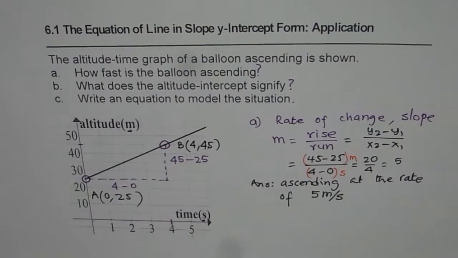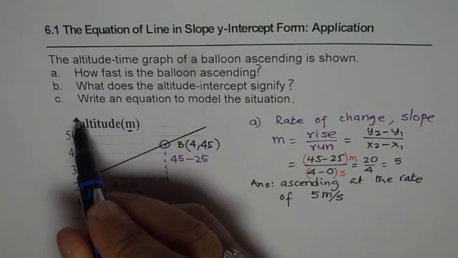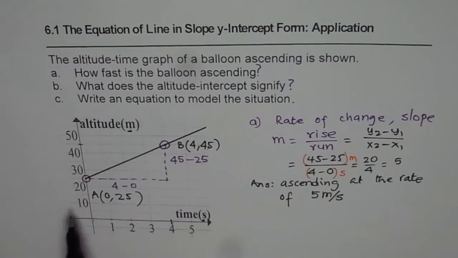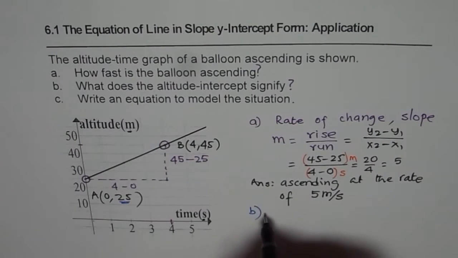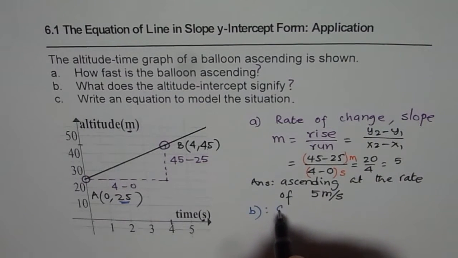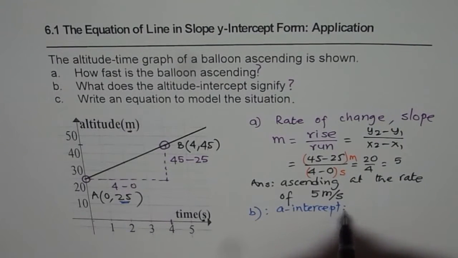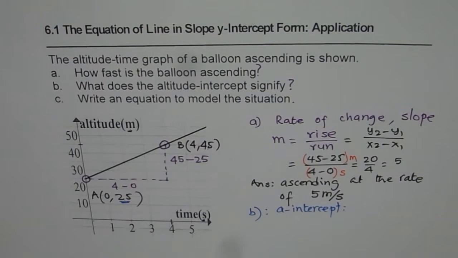Now let's look into the second part, which is, what does the altitude intercept signify? What is altitude intercept? This graph intersects the y-axis, which we are writing as altitude, at 25. So what does that 25 value signify? For part B, we can say the a-intercept signifies the point from where the balloon was released.